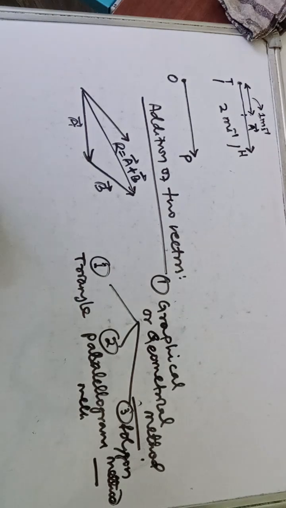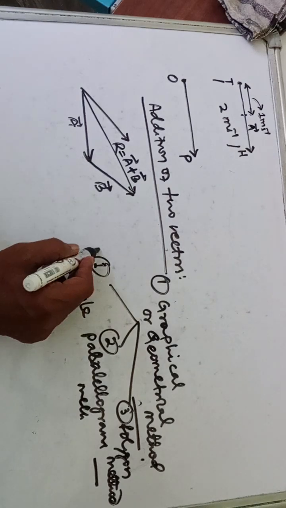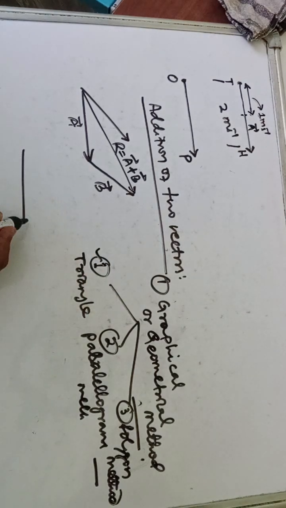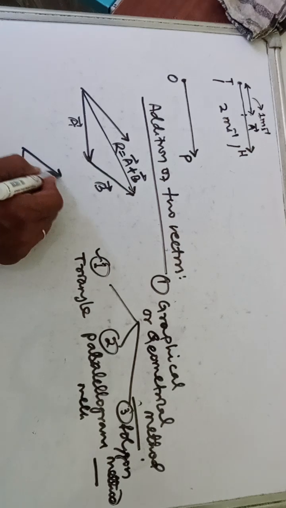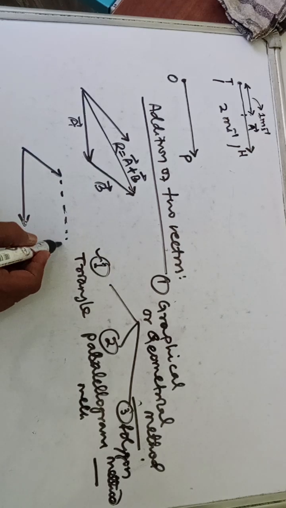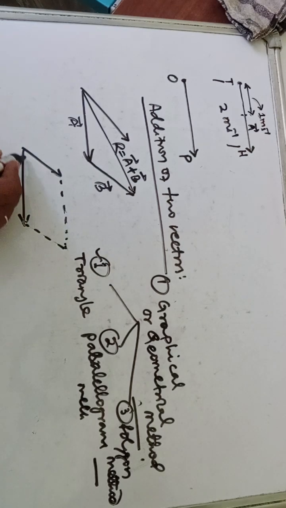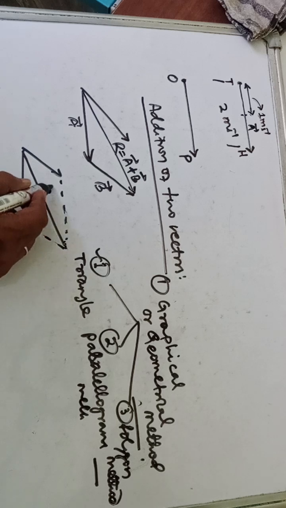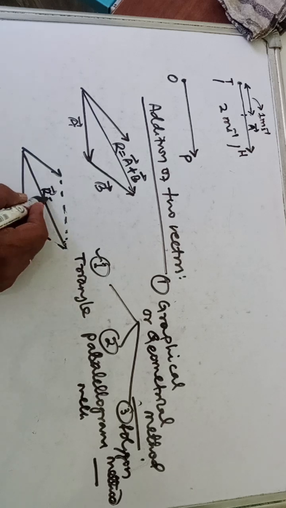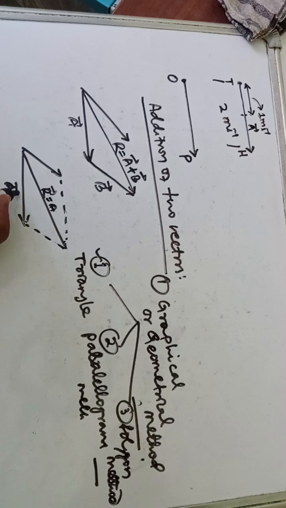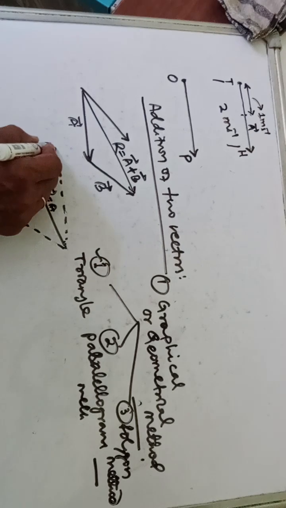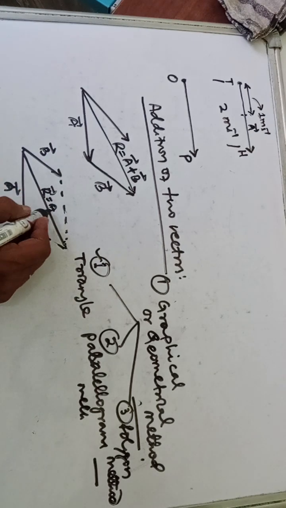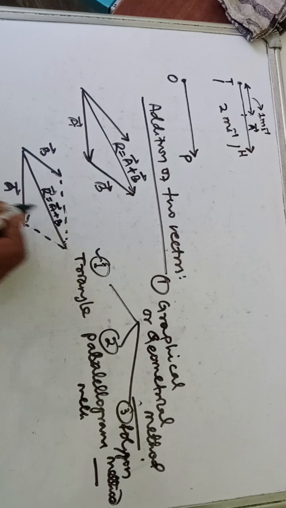Next, if two vectors represent two sides of a parallelogram, then its resultant or addition is represented by its diagonal. This is A and this vector is B. The diagonal of this is A plus B.